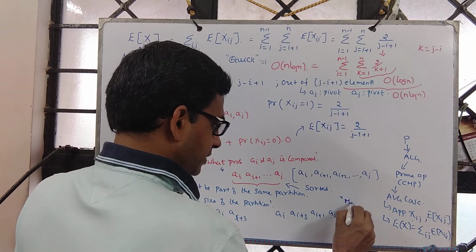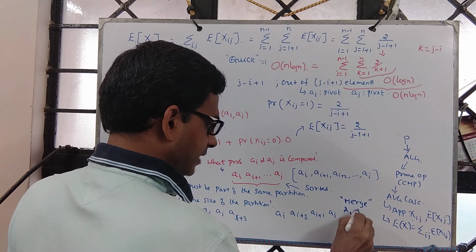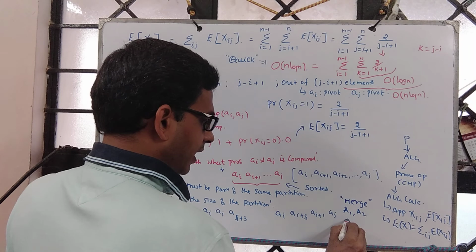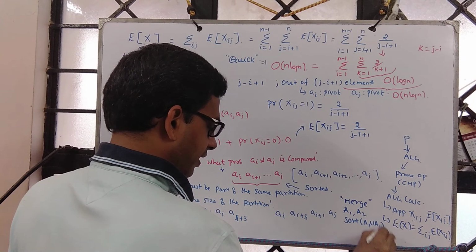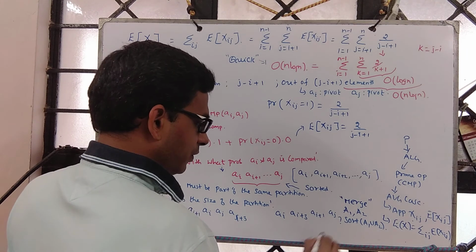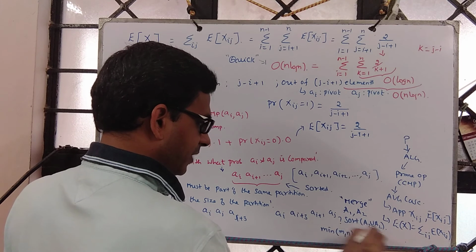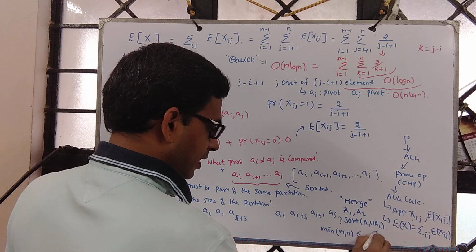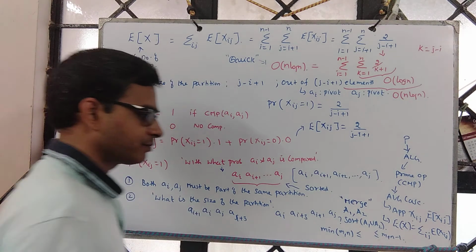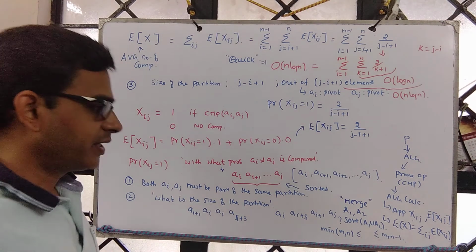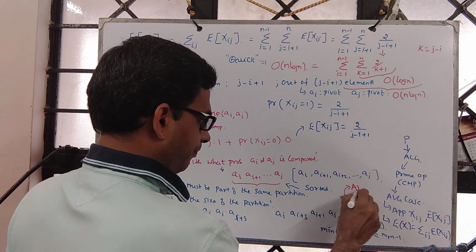Merge sort is using a routine called the merge routine that takes two sorted arrays A1 and A2 and outputs the sorted array A1 union A2. We know that the minimum is min of m comma n and the maximum is m plus n minus 1. Now, on an average, what is the cost of the merge routine?